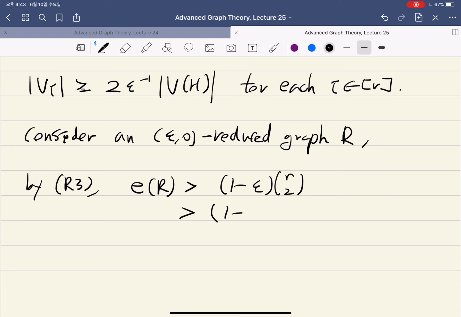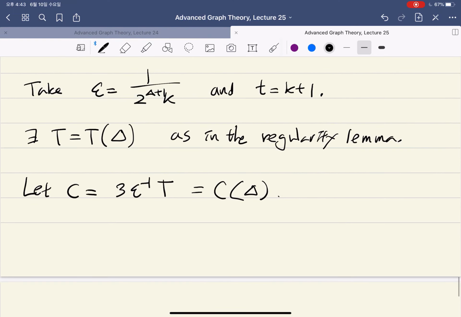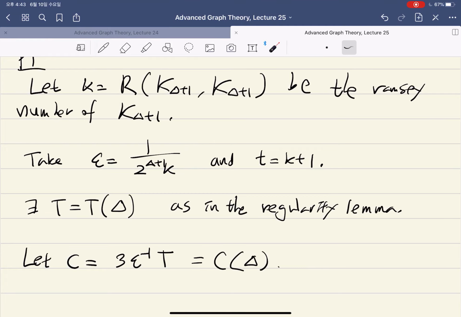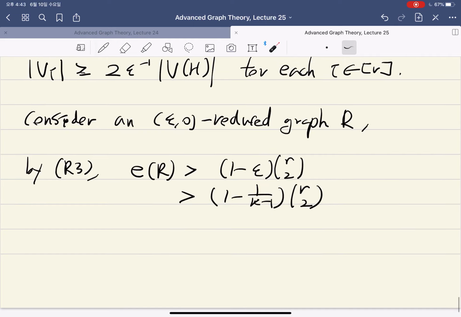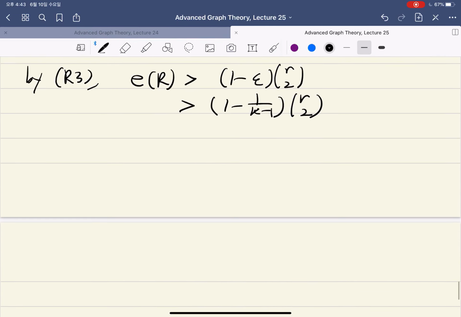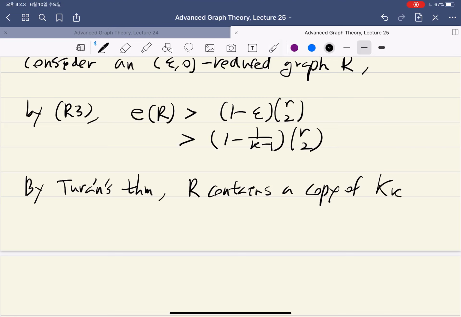And this is bigger than 1 minus 1 over k minus 1 times R choose 2 because of our choice of epsilon. Thus, what do you get? By Turán's theorem, R contains a copy of K_k.